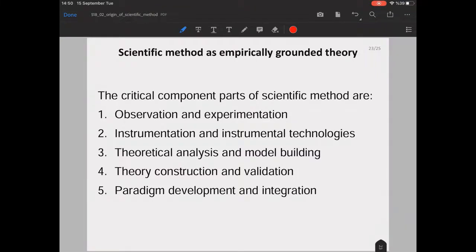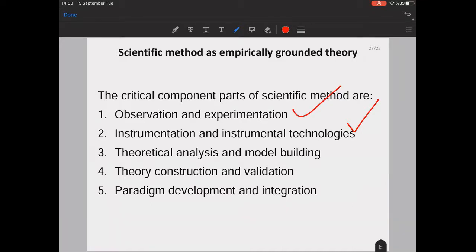Scientific method as an empirically grounded theory. This is important, and the critical component parts of the scientific method are observation and experimentation. See? And instrumentation and instrumental technologies that have been used by Brahe, as you remember, and we need funding as well, and sophisticated instruments here.